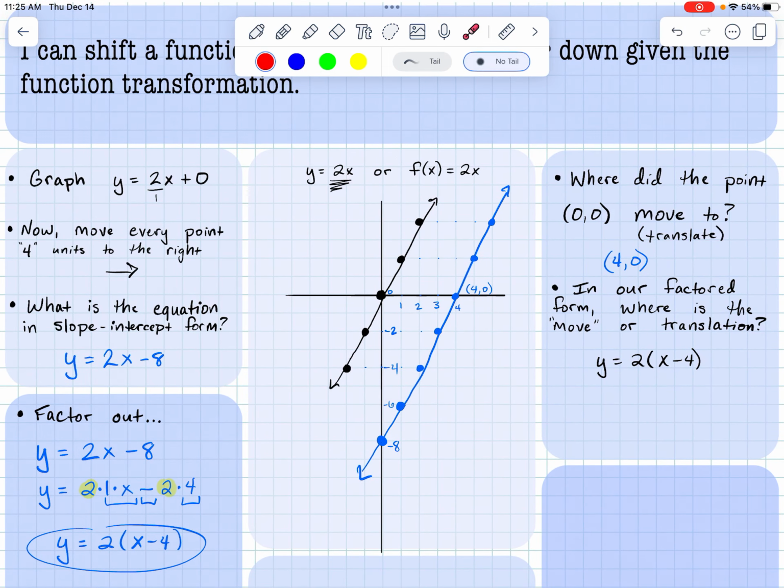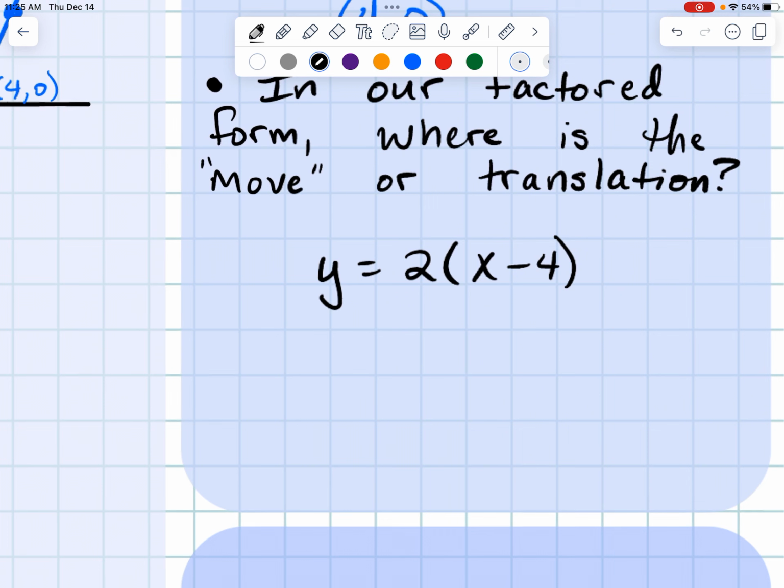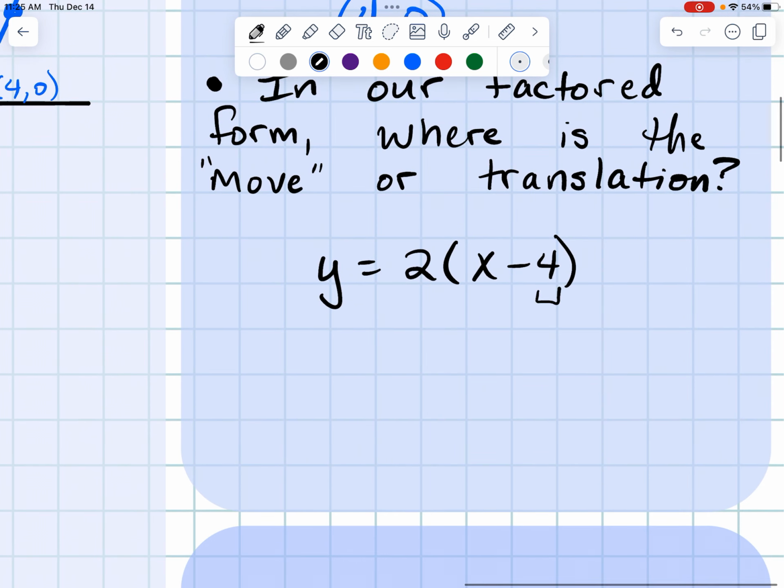Because at the very beginning, we were asked to move 4 units to the right. And it appears that in our factored form, we have a 4 right here. So our slope was 2, and our move was 4. So the 4 is what appears to have the move or the translation.